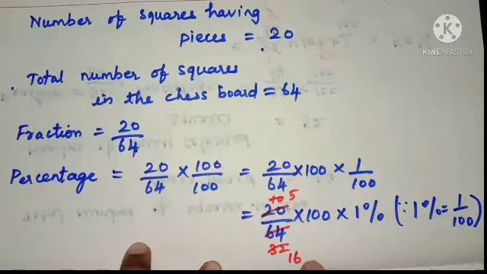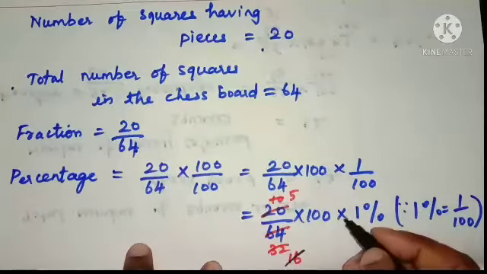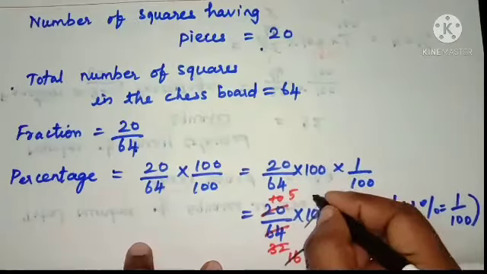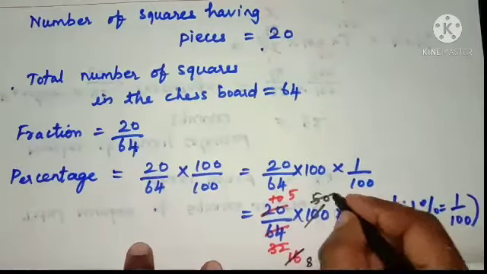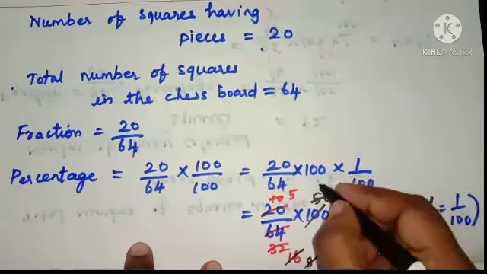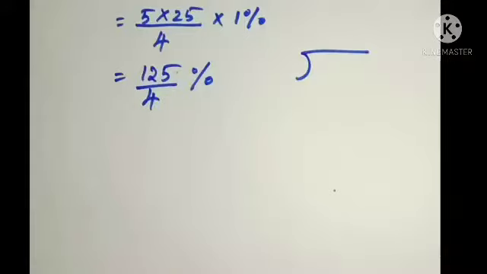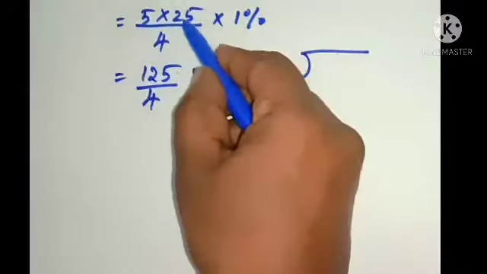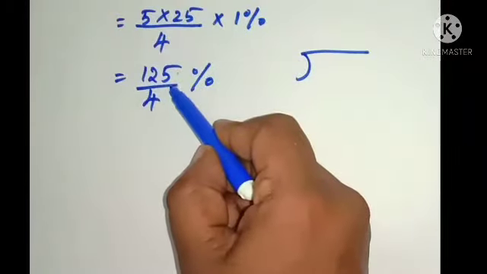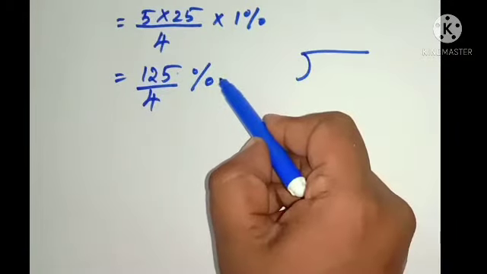Again let us cancel 16 and 100 by using 2 table. So here it is 8 times, here it is 50 times. Again, when we cancel by 2 table, here it is 4 times and here it is 25. When we cancel, we get 5 into 25 by 4 and 1%. 5 into 25 is 125 divided by 4, 1%.